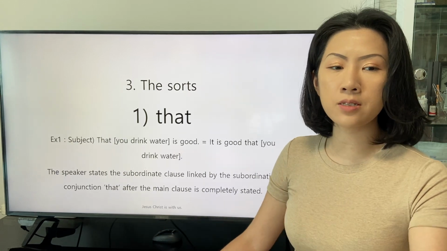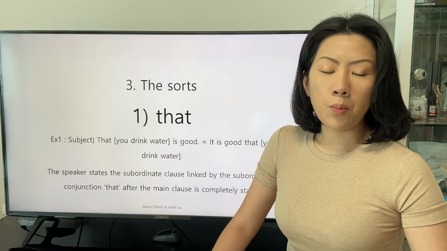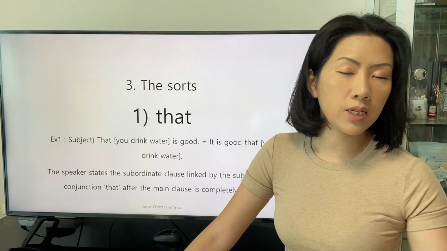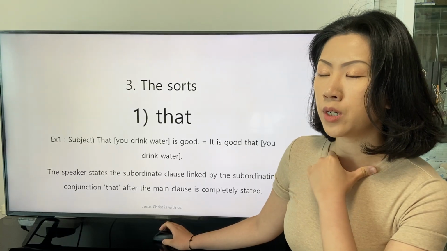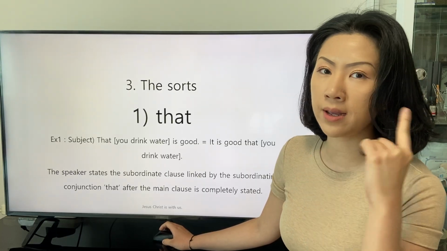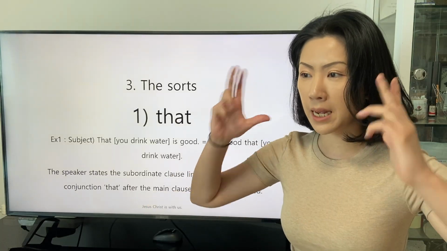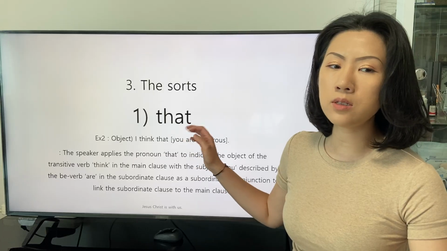The speaker states the subordinate clause linked by the subordinating conjunction that after the main clause is completely stated. So we can remind the fact that the speaker delivers the main intent in the main clause. The second example is this.